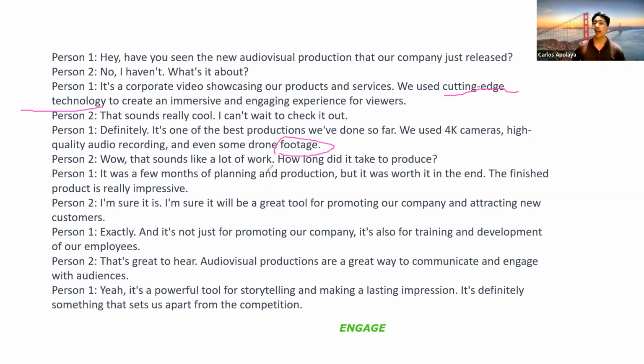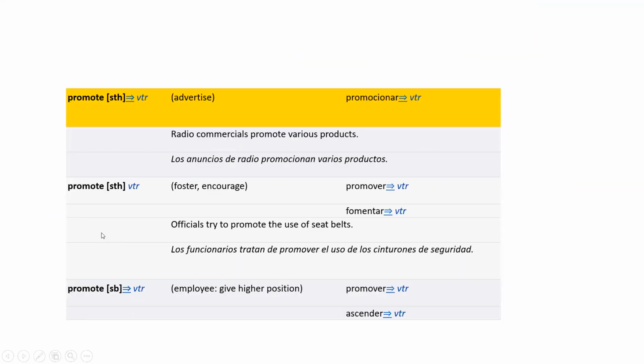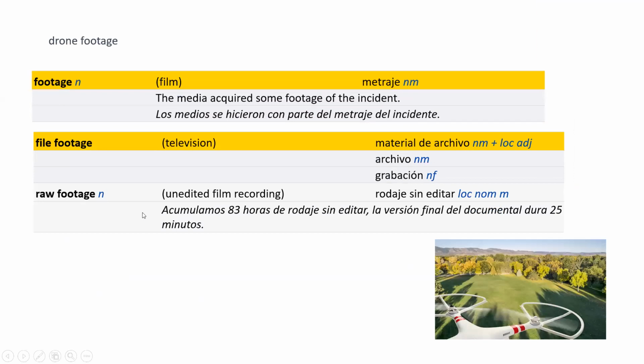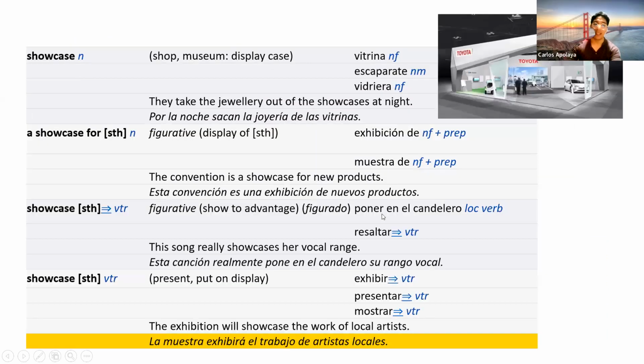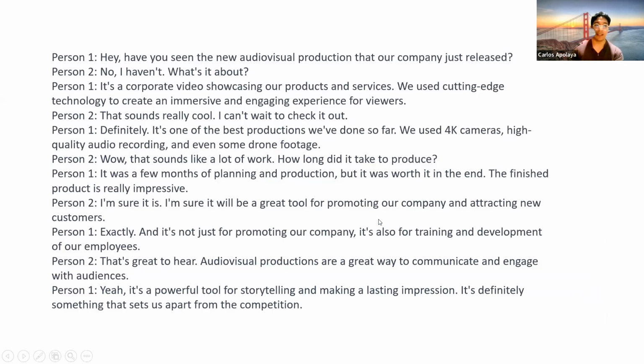Grabación. Footage, grabación. ¿Cómo se dice, Jimmy, una grabación sin editar? A footage without edition. No, raw. Raw footage. Yes, así, raw footage. Grabación en bruto, sin editar, sin cortes.